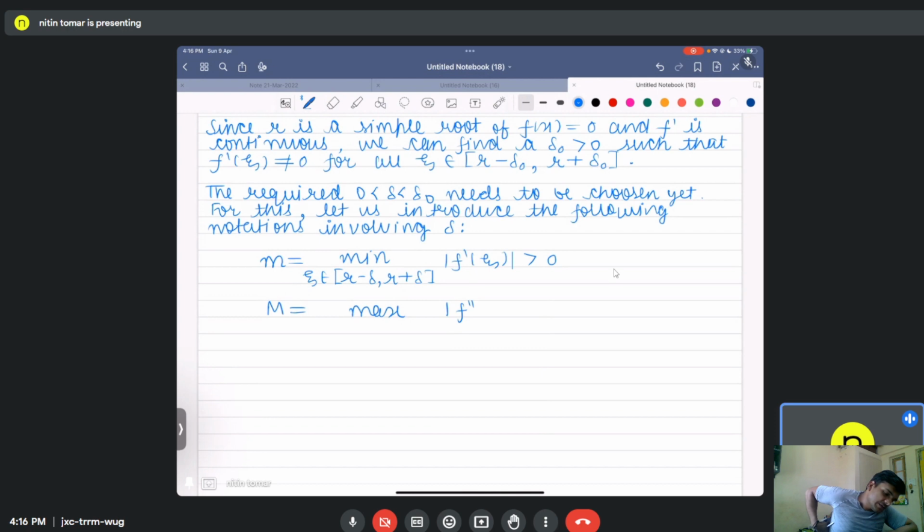The minimum will be attained in this compact set r minus delta to r plus delta, and we know that in r minus delta naught comma r plus delta naught, f prime xi is never 0. If this small m is 0, it means f prime xi is 0 for some xi between r minus delta and r plus delta, which will be a contradiction.